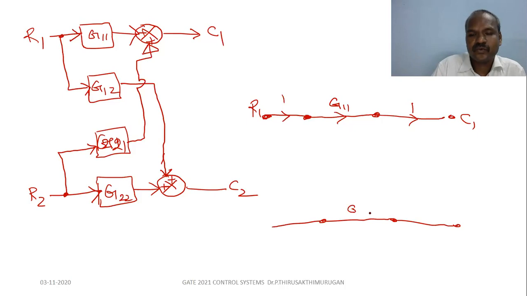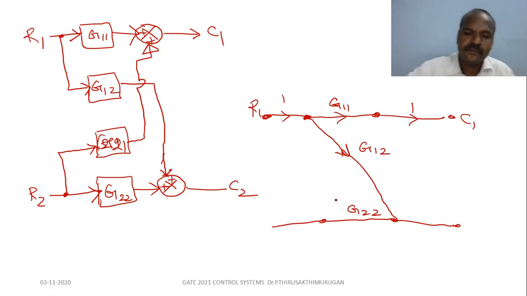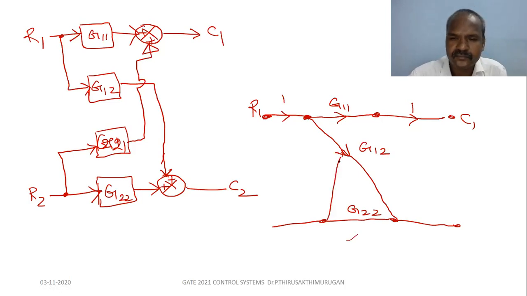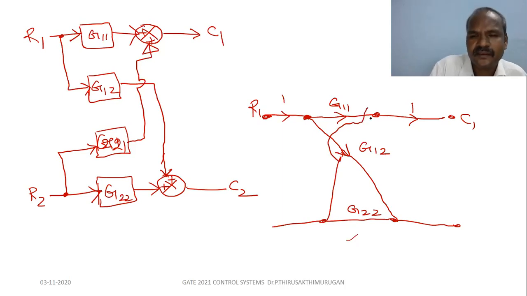So G22 from this to this junction. What is this? This is G12. Similarly, from here it goes to here, so this gain value is G21.